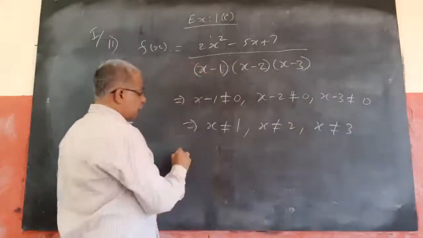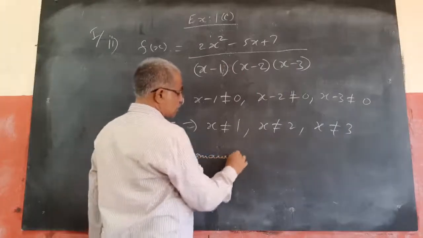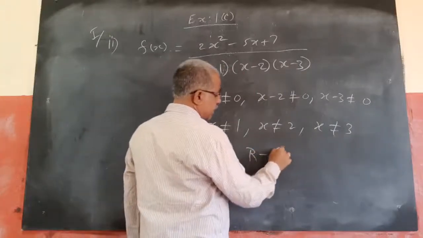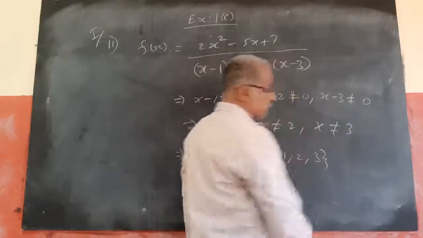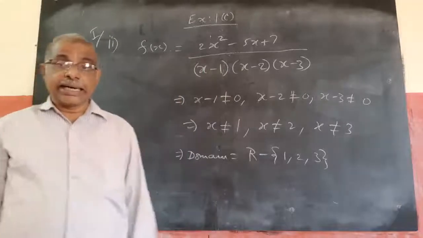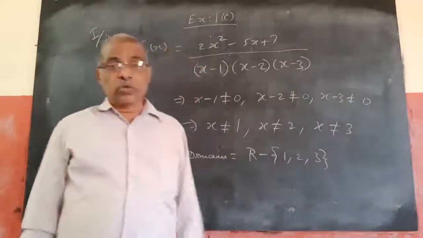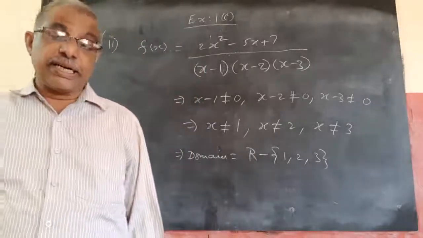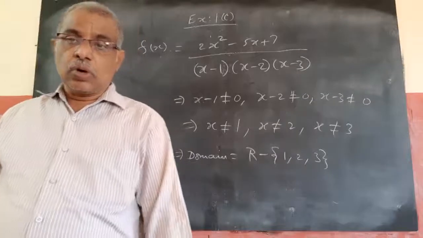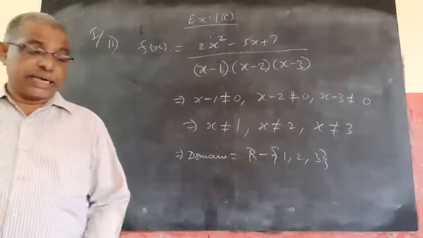Implies domain equal to any real number excluding these three numbers 1, 2, 3. Excluding 1, 2, 3, for all the remaining elements the function is defined. Therefore domain equal to R minus {1, 2, 3}. We can decide like this.